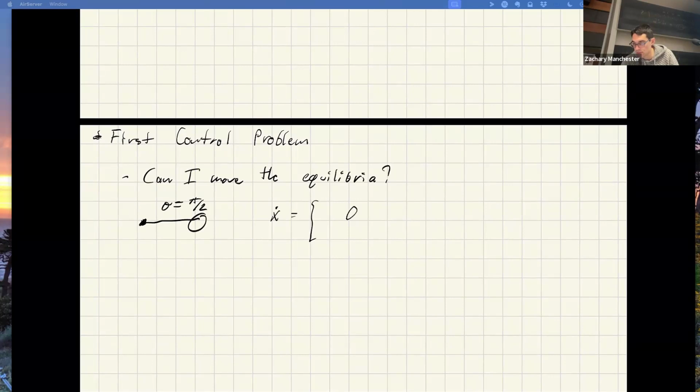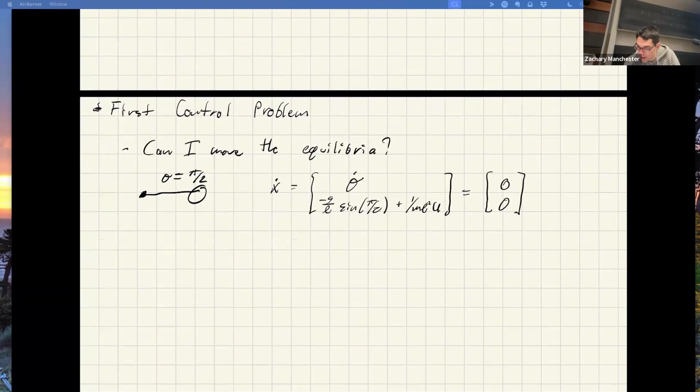We still want theta dot to be 0. But now I've got minus G over L sine pi over 2. And now I'll put the control back in there. And I've got the 1 over ml squared u. And I want this whole thing to equal 0. So I've solved the root finding problem, that bottom equation in particular, right? I want to make that bottom line equal 0. And I have the u there to help me do it.